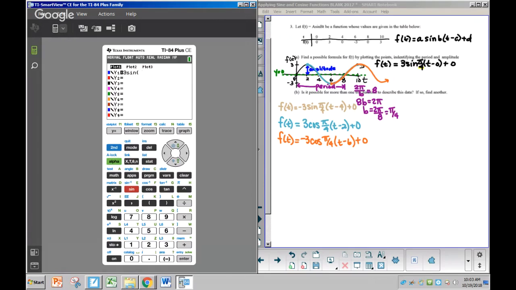A parenthesis opens and it says sine parenthesis, and what that means is insert angle here. Right? What is our entire angle? Pi over 4 times x. Now we have to use x because we're not in parametric mode in this calculator, so when we press the x button, it's going to press an x.